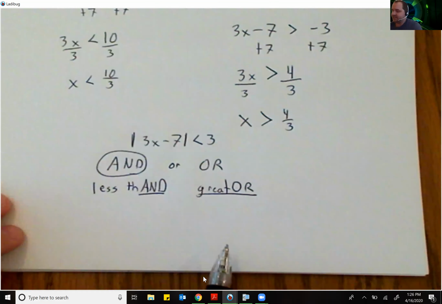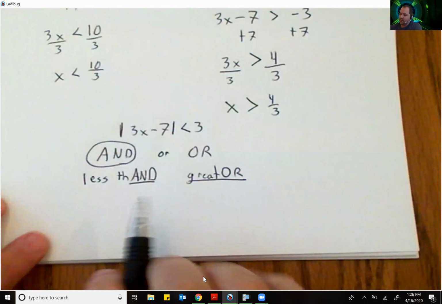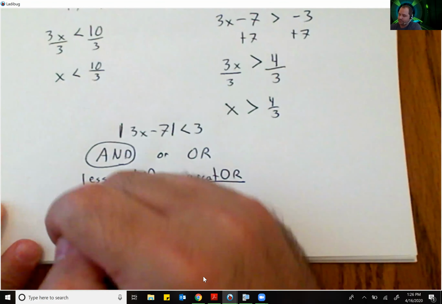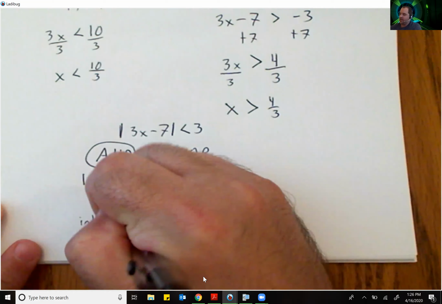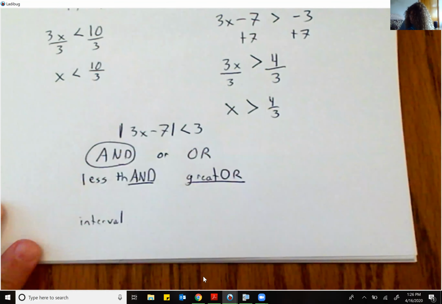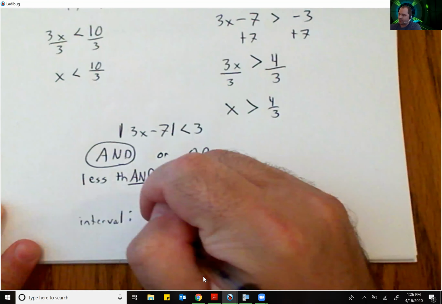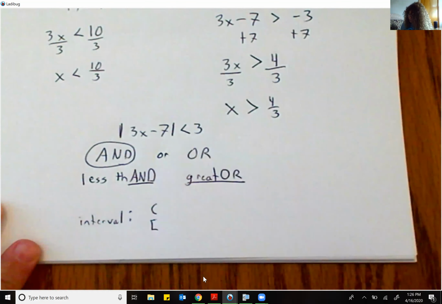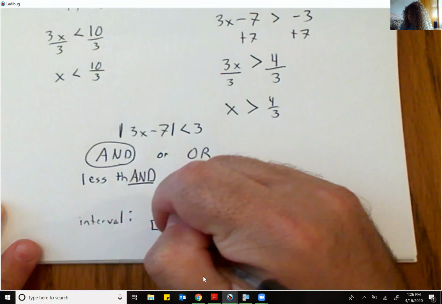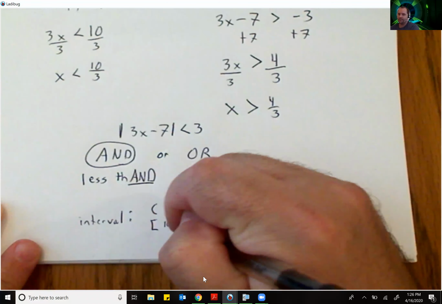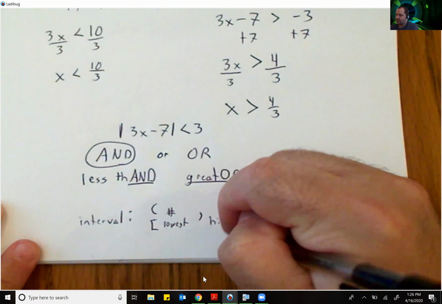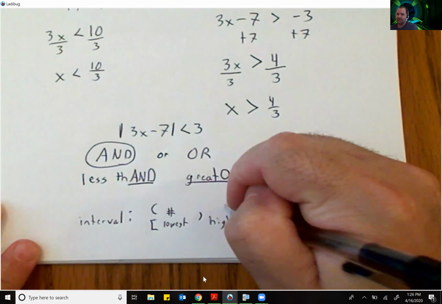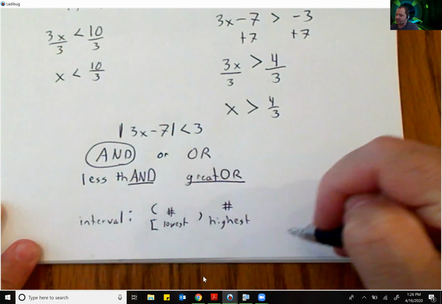So that means ands, because we're looking at interval, that's what they want. Interval notation for an and looks like a parenthesis or a bracket, and then it's going to be your lowest number, comma, then your highest number and a parenthesis or a bracket.